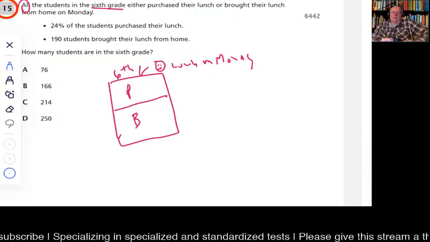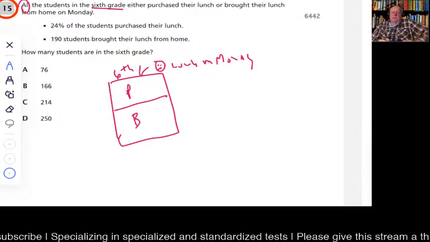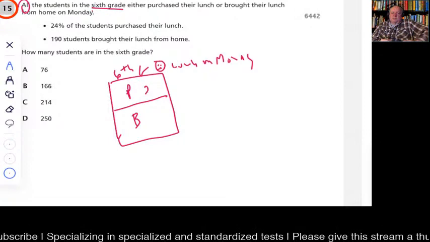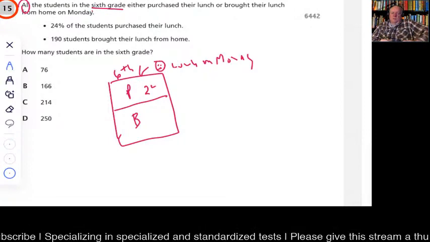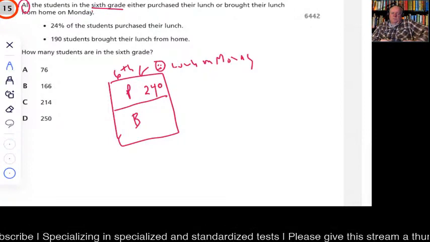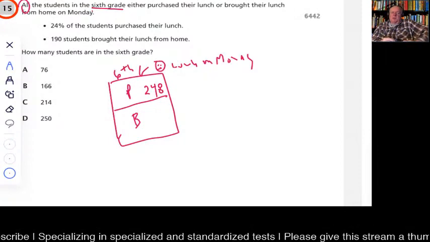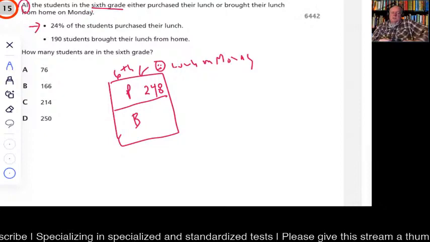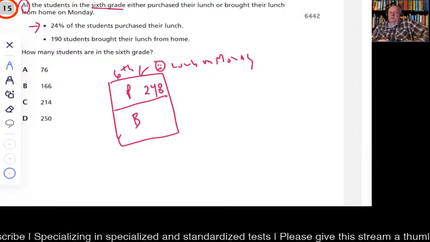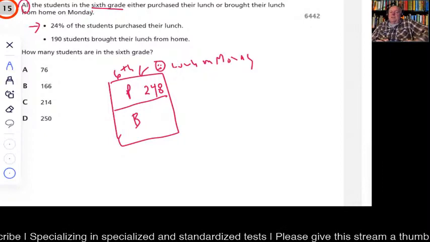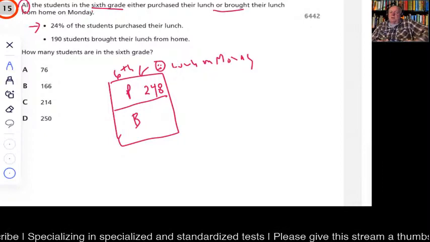It says 24% of the students purchase their lunch. So let's fill that in. This is 24%. 24 over 100. Okay? So if 24% of the students purchased their lunch, how many didn't? And if they didn't purchase their lunch, what did they do? We know what they did. They told us all of them either purchased it or brought it.